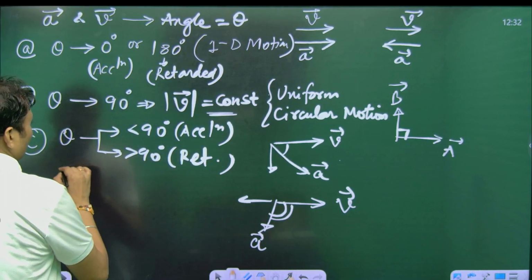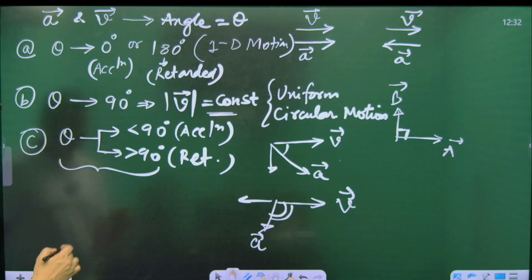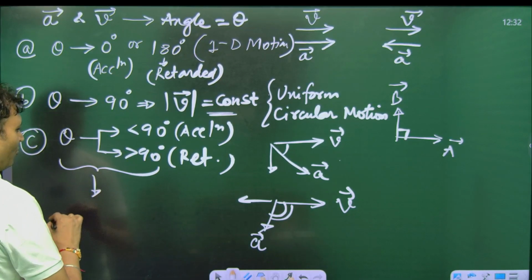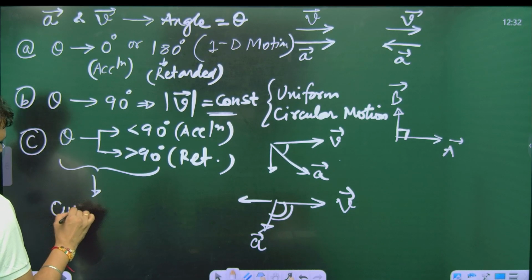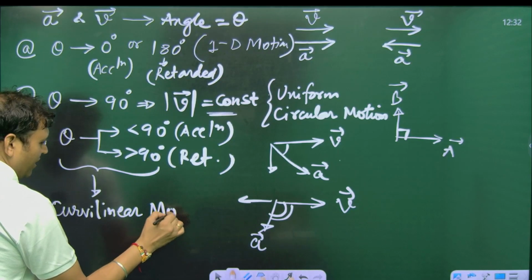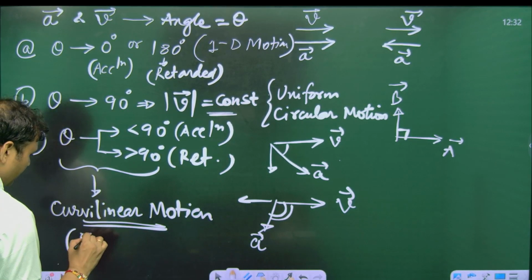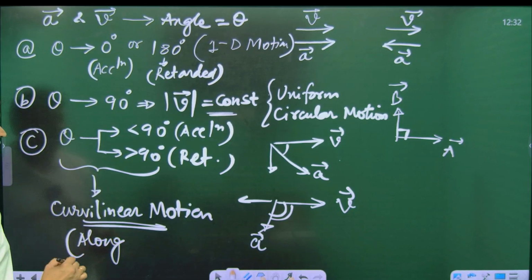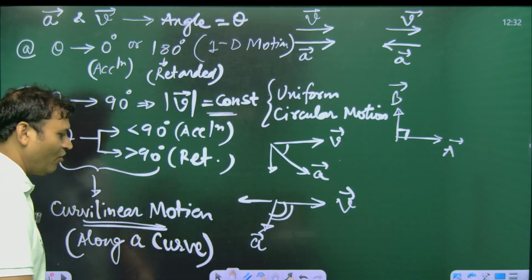So if either theta is less than 90 degree or greater than 90 degree, we can call this type motion along a curve, which is also known as curvilinear motion. It will not be along a straight line. The motion of the particle will be along a curve.